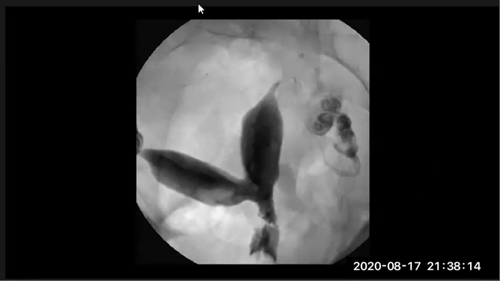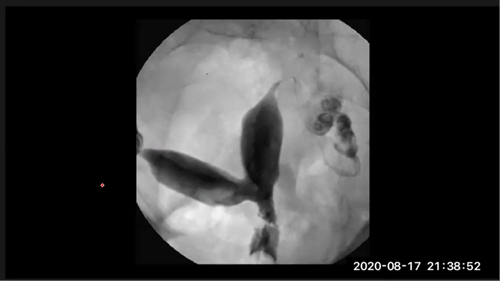As we see here, this is a hysterosalpingogram showing bicornuate uterus. The left tube is seen here, but not the right tube, because of the coning of the fluoroscopic spot.